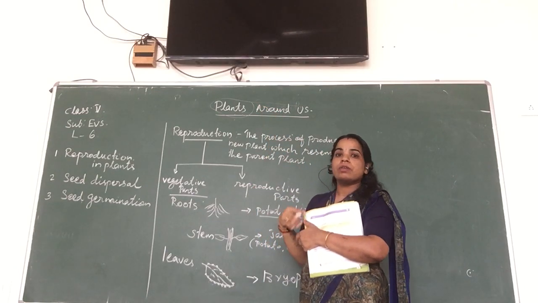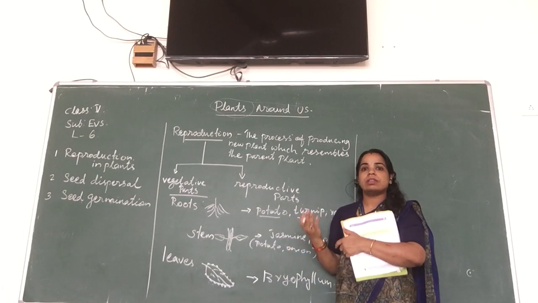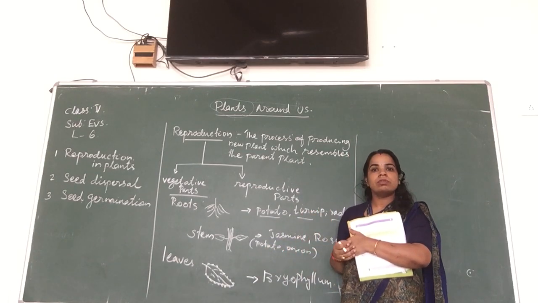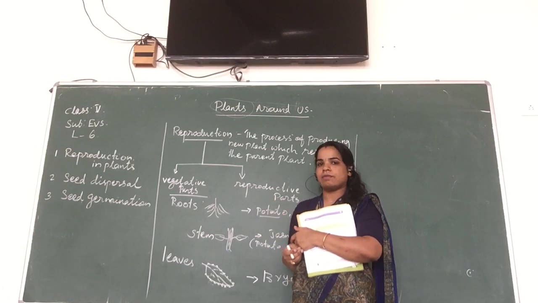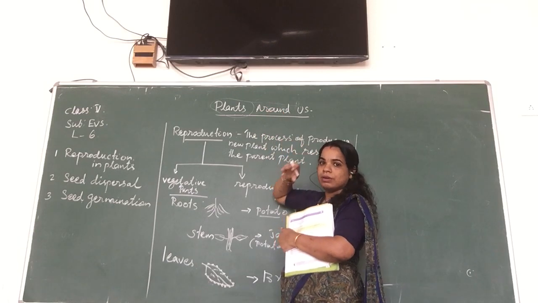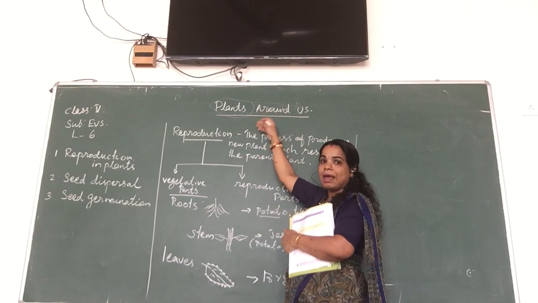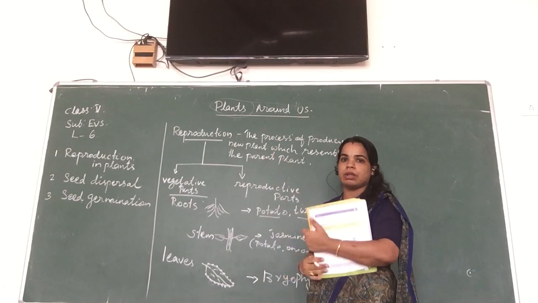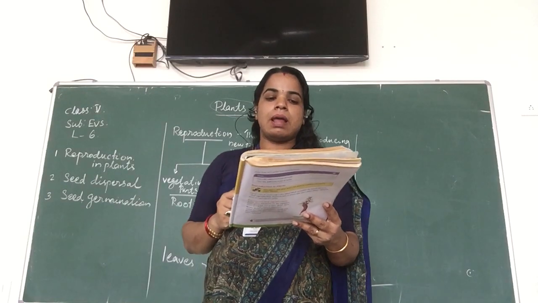Without food, can we live? No, we can't. And without plants, can we live? No, because we need oxygen, food and shelter; we depend on plants for everything. So we need to take care of them and plant more and more plants and trees in our surroundings.